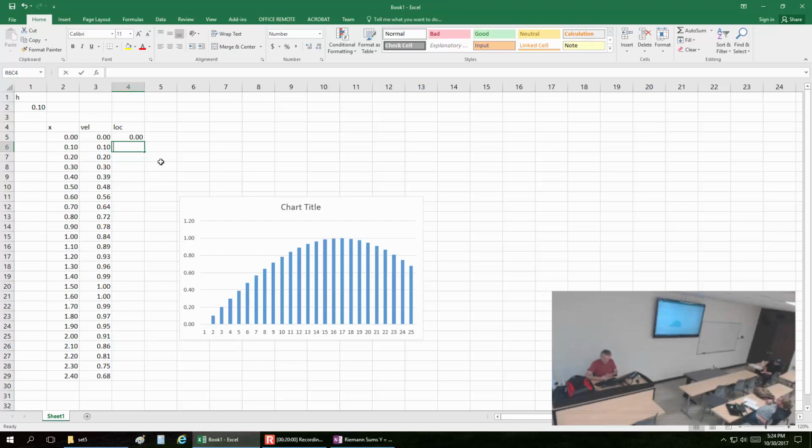It will be equal to the previous location plus what? That's just the time interval.